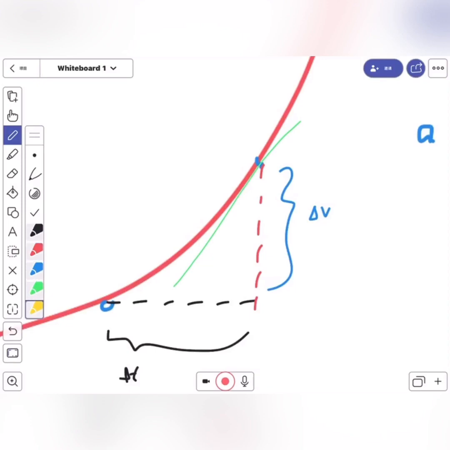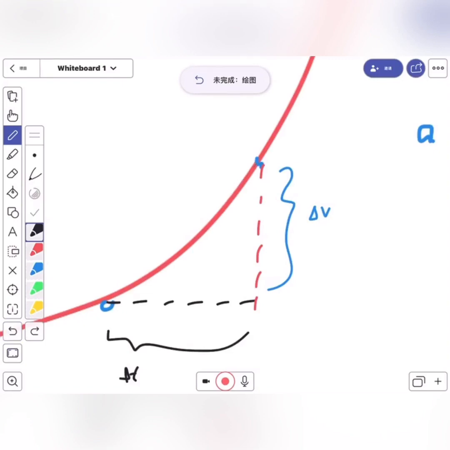On the other hand, the derivative at the left point would look something like this, and we can see this one is more flat than this slope. Now, how they do it is we move this point toward this point. Or if you want the derivative at this point, move this point toward that point.